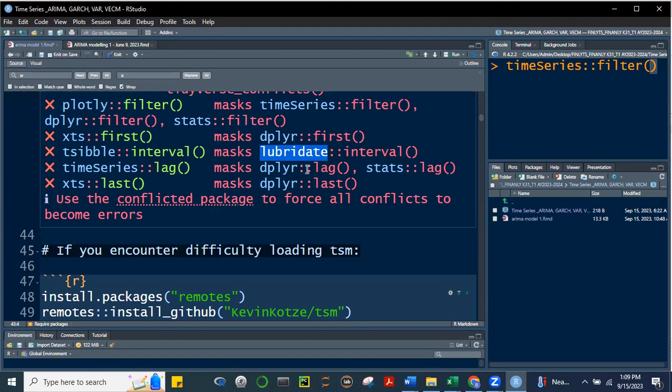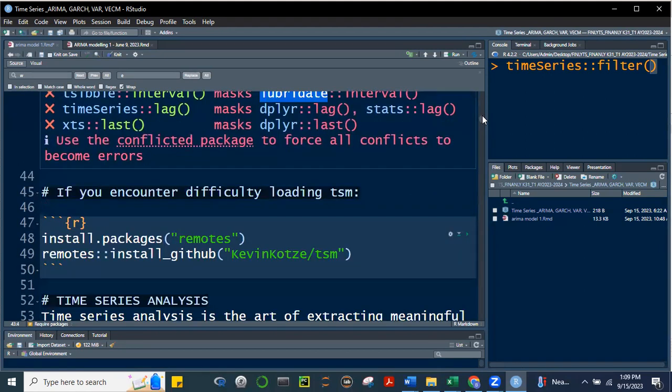Otherwise, failure on your part to do this will make use of the interval function from the other package, and it might not be the one that you are interested in. Okay, so I hope that's clear. Just be wary of messages like this coming from R.